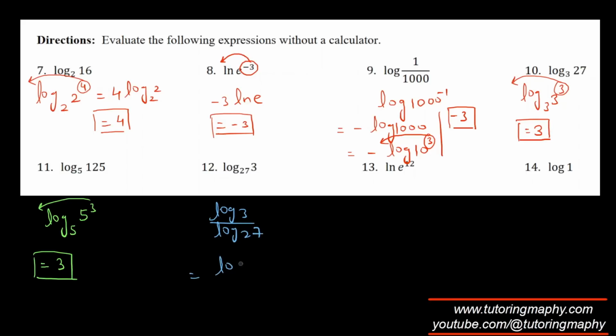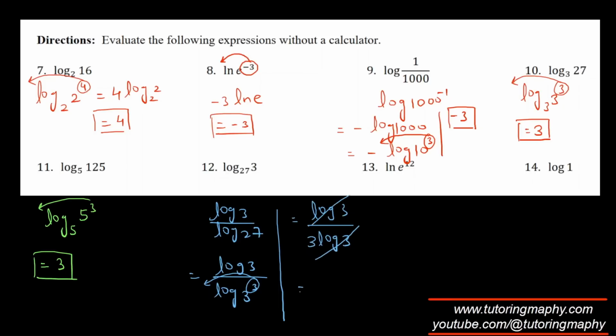Now it can be written as log of 3 over log of 3 cube, because that's what 27 is. 3 is thrown outside over here, so it looks like log of 3 over 3 log 3. These two are gone, so I'm just left with 1 over 3.